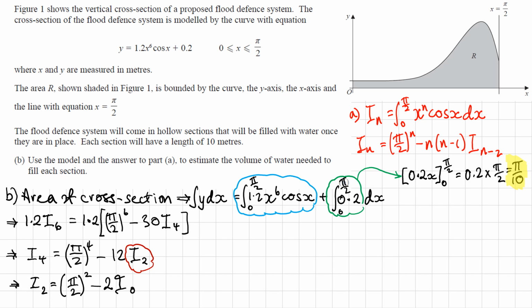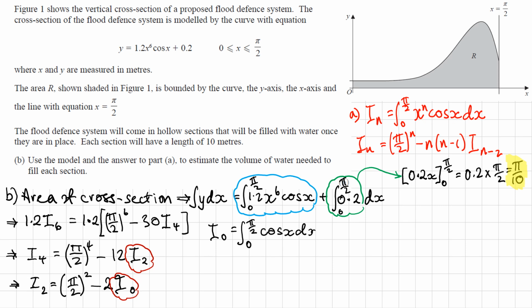And then we've just got this last one to work out, what I sub 0 is, so we'll do that here. So I sub 0, so we're going to put zeros in for n, so we will get the integral from 0 to pi over 2, so we've got x to the power 0, and anything to the power 0 is 1, and then cos x, so all we're left with is the integral of cos x.